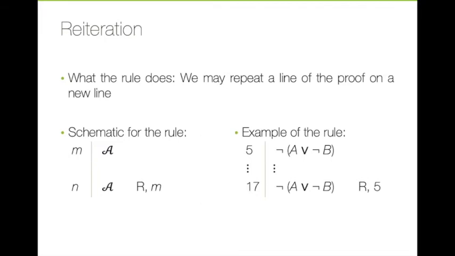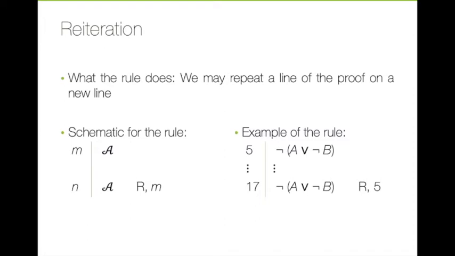Not only do we see the lines M and N and the sentence that we're repeating, curly A, whatever we substitute for that, there's also a justification, R, M. R is the abbreviation for reiteration, and M is the line number of the line that we're repeating at line N.